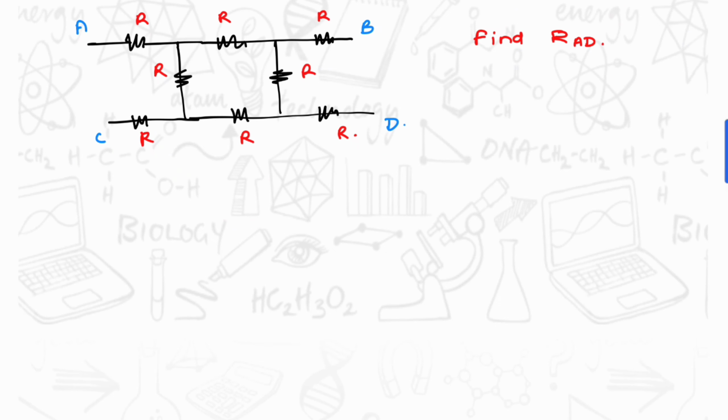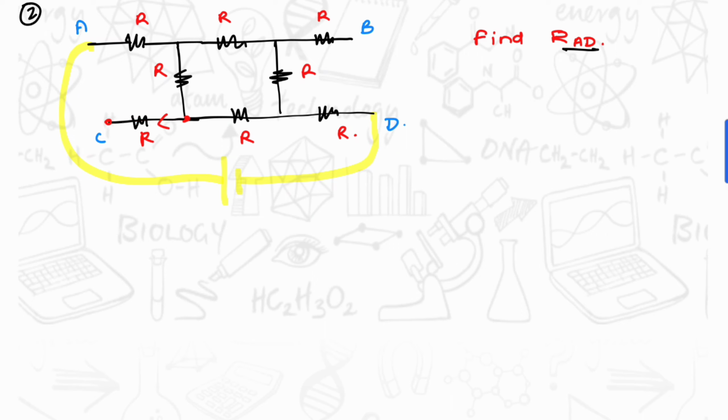Now let's move on to the second example. We have to find the equivalent resistance between A and D. So let's draw a battery. As you can see, there's no current flow from this point towards C because it is not a closed loop.